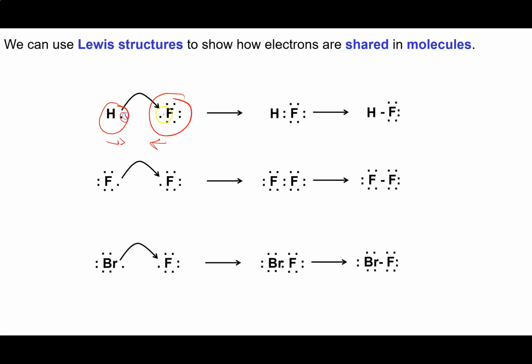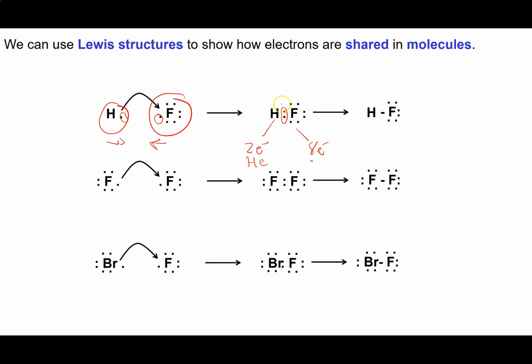If they share these, think of those unpaired dots as being like a hand looking to reach out and grab a partner. If they share those 2 electrons, then we find that every atom now has a noble gas-like configuration. Hydrogen loves to get 2 electrons, so it can be like helium, and then fluorine likes to get 8 electrons, and that gives it an electron configuration like any of the other noble gases. So it has a stable octet.